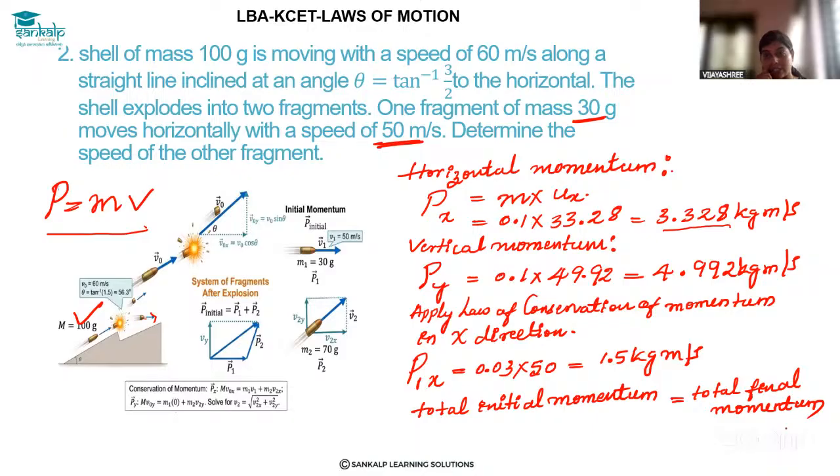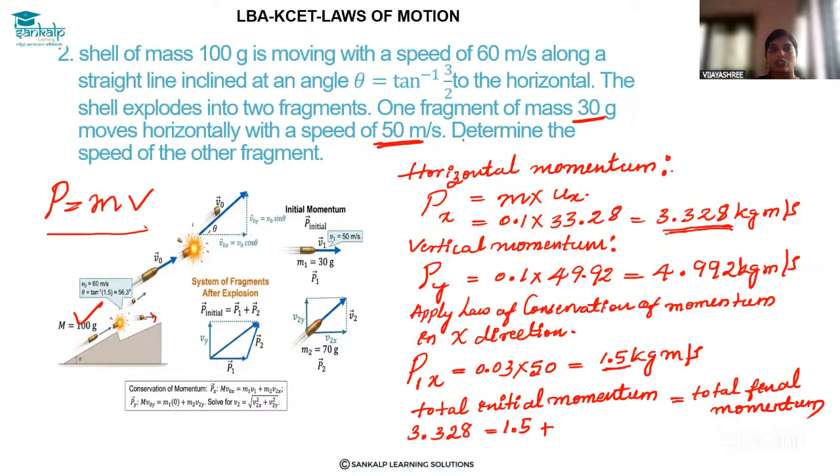This is the law of conservation of momentum, right? So total horizontal initial momentum, how much is it? 3.328, right? Which is equal to the horizontal momentum we are considering. So horizontal momentum of the first fragment, which is equal to 1.5 kg meter per second, plus horizontal momentum of the second fragment.